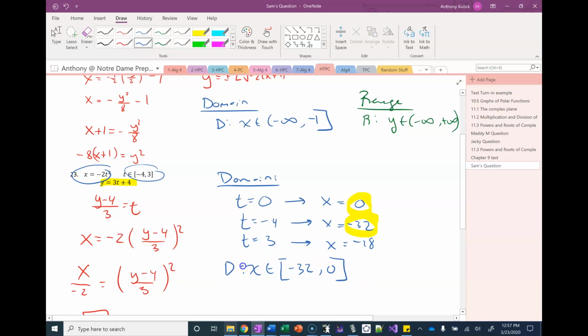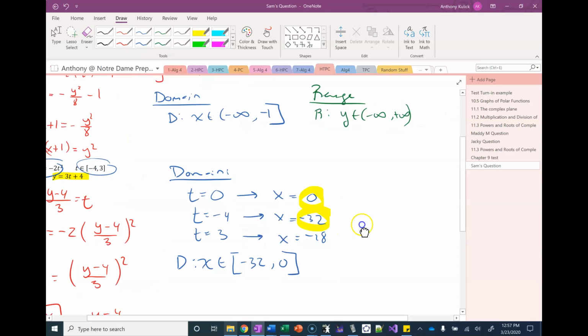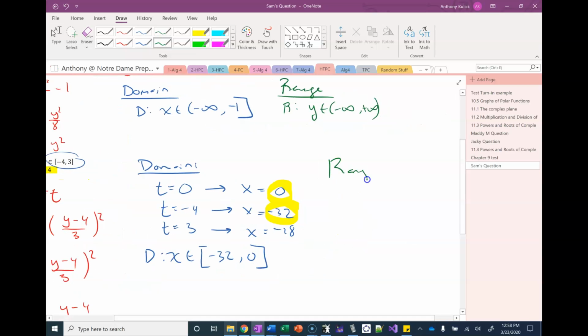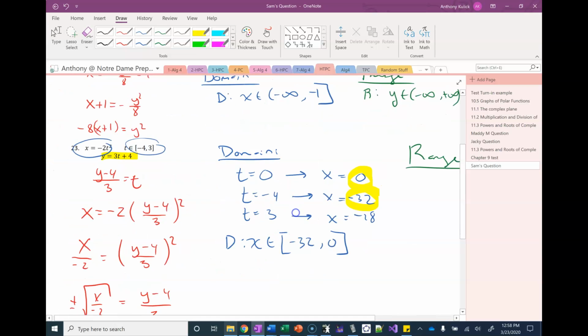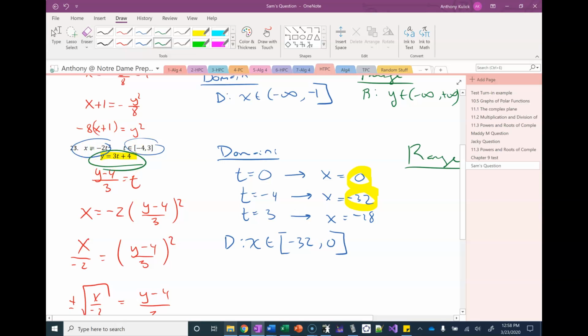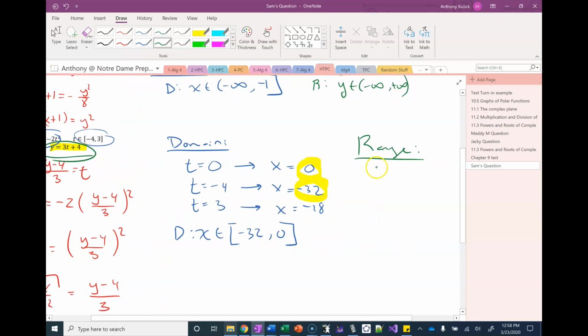That is our domain. To do the range then, we're going to be worried about the y. Since the y is a linear function, and linear functions are everywhere increasing or everywhere decreasing, I really only care about the endpoints of my interval, because I know the lowest point and highest point on that line segment is either going to be at the very beginning or very end of the line segment.